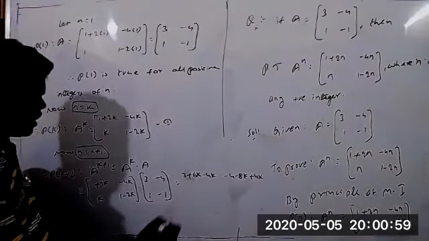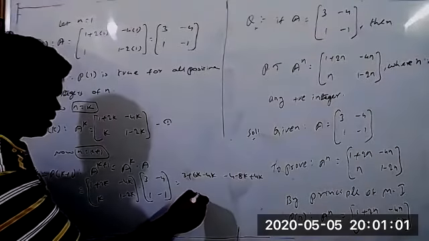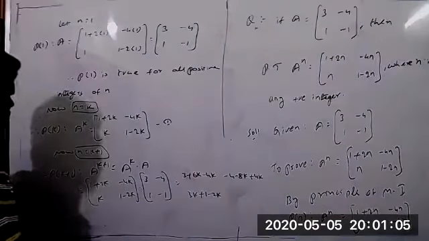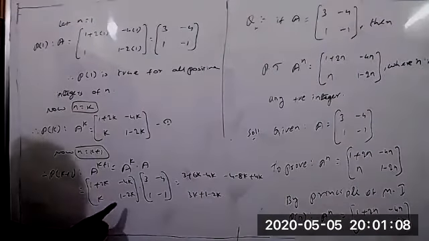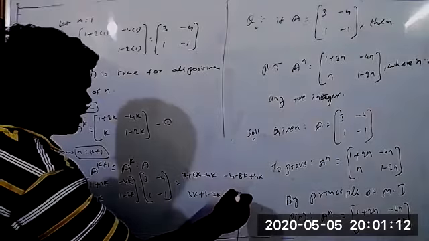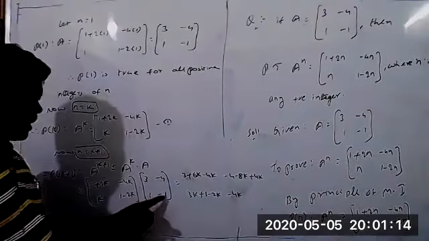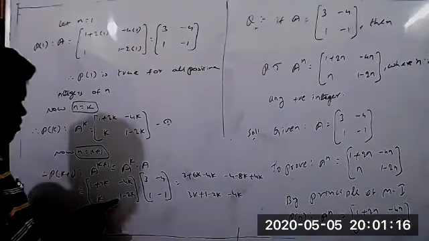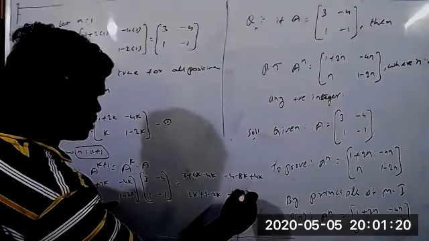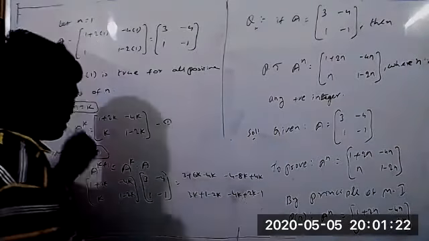Next, k into 3 equal to 3k plus 1 minus 2k. Again, second row into second column: k into -4 equal to -4k, and -1 into this value equal to plus 2k minus 1.